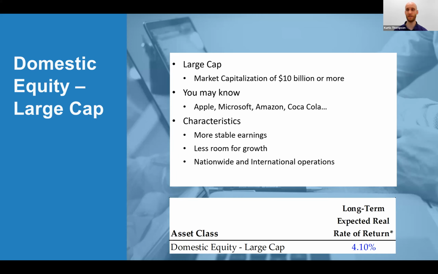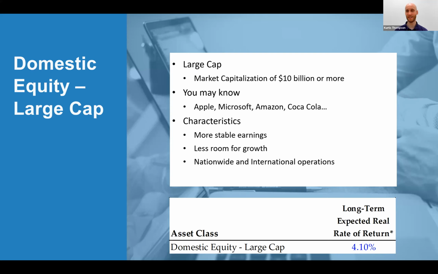And so some of the characteristics of owning a piece of a big, large company: well, their earnings tend to be more stable. Think about a smaller company, they might have bigger swings in earnings. They might have a quarter where their earnings are up several percentage points from expected, and a quarter where their earnings are down several percentage points from expected.